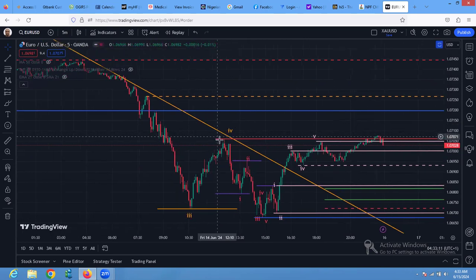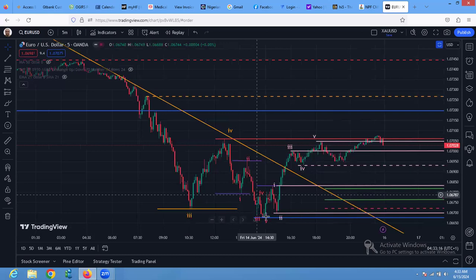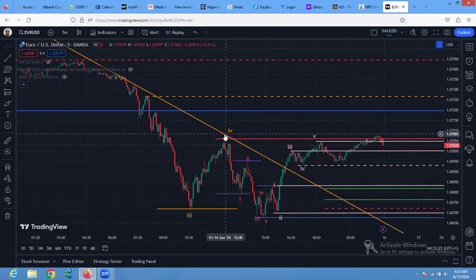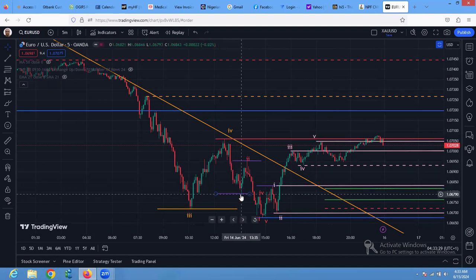For now, we see this as a 4 in the yellow or golden yellow, and this may have ended 5. Now, this came down as a wave 1, 1, 2, 3, 4, 5, as a wave 1, and this went up as a wave 2.